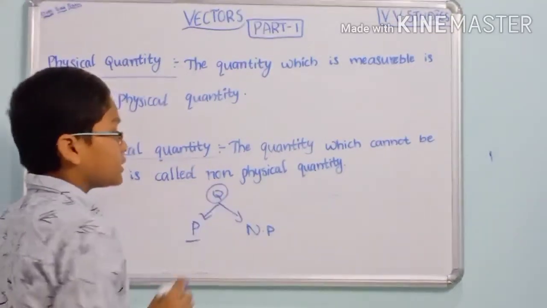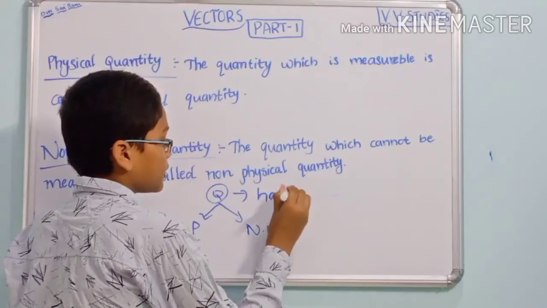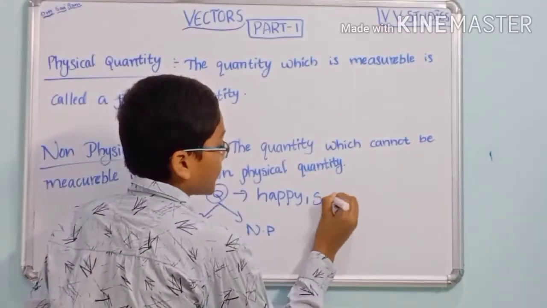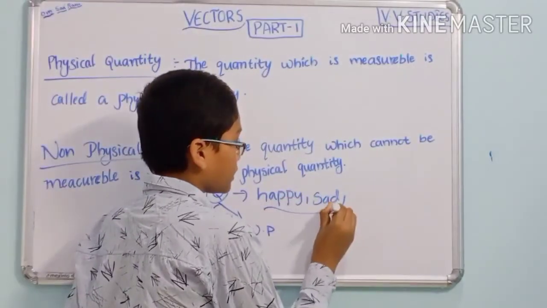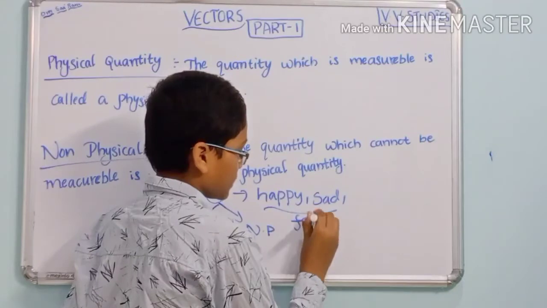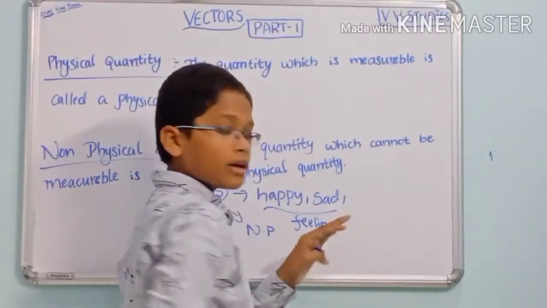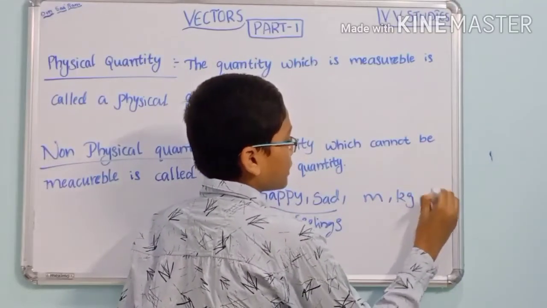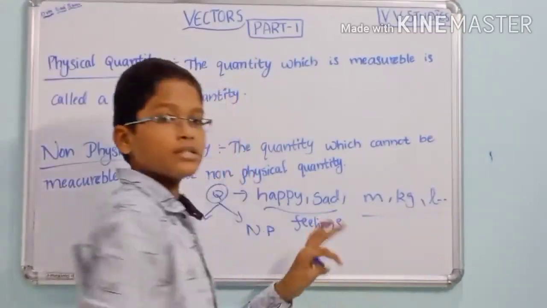In the quantities, I told you what are the quantities? Happiness, happy, sad, these we can take as feelings, or meter, kg, liter, etc. These are units.